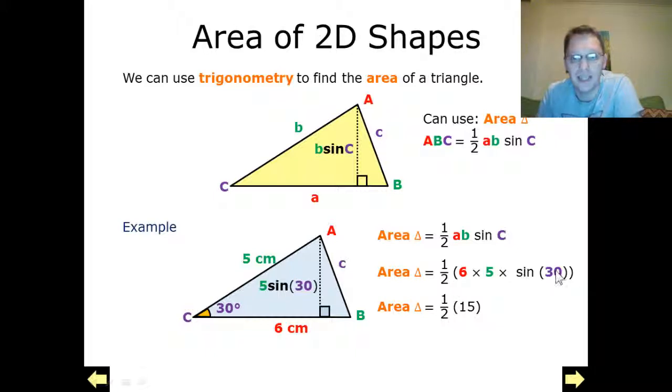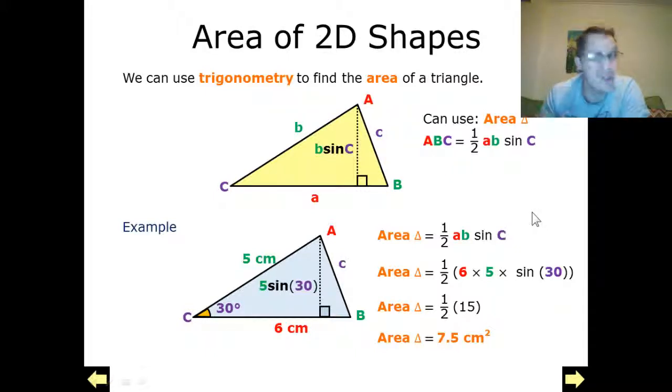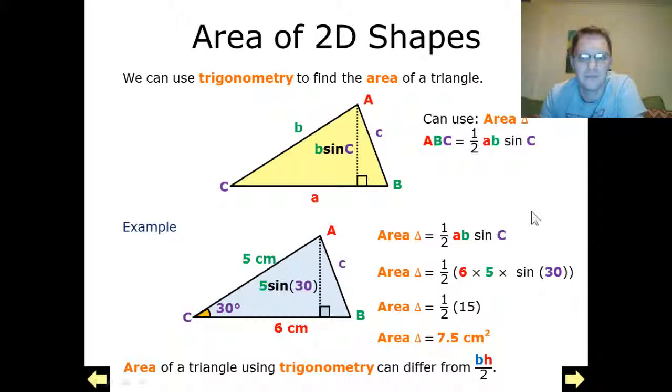So multiplying all this out, putting this into the calculator equals 15. So the area of the triangle is a half of 15. So the area of the triangle is 7.5 centimetres squared. And that's using trigonometry to find the area of a triangle. It might be slightly different from base times height. That's because we are using trigonometry.